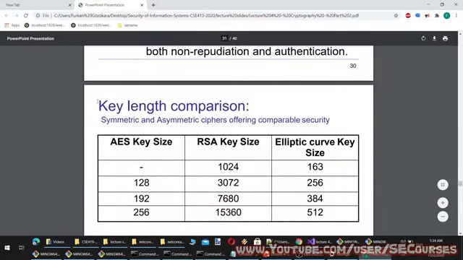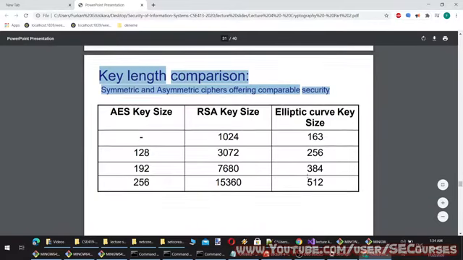Okay, so there is a key length comparison between symmetric and asymmetric ciphers offering comparable security. There are three types: AES key size, RSA key size, and elliptic curve key size. And we know that now the RSA key size has to be at least 2000.